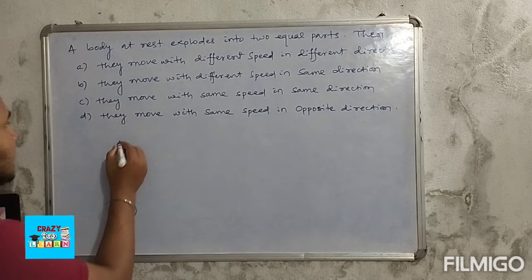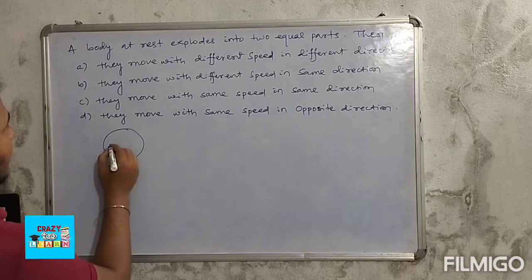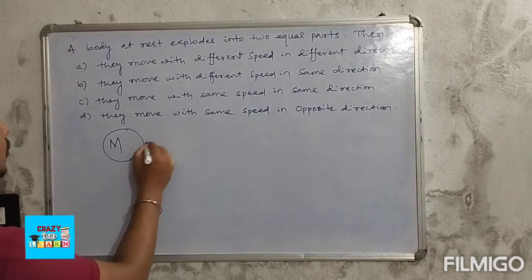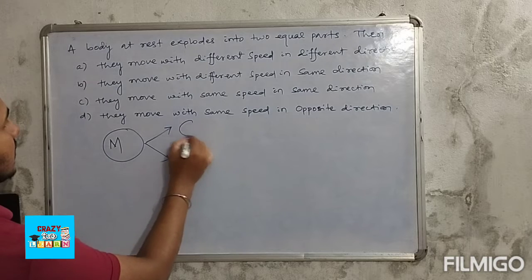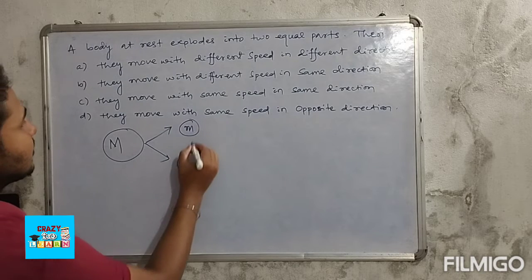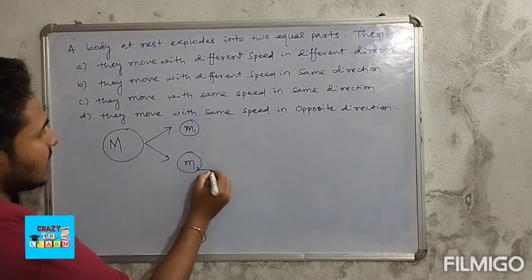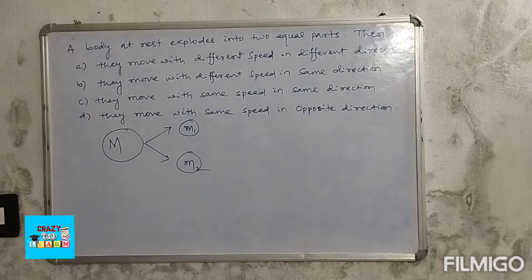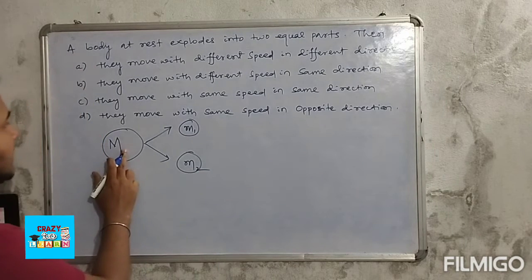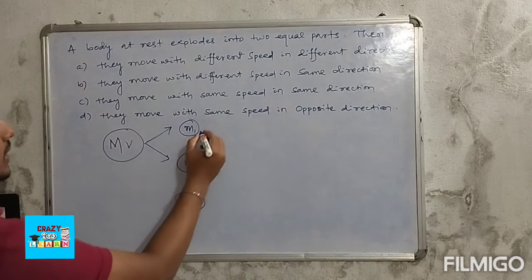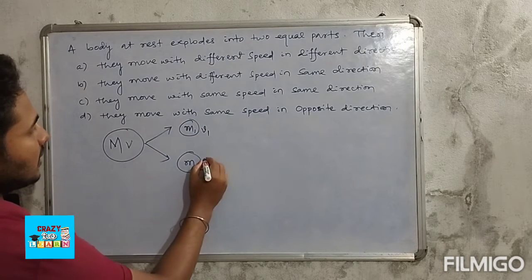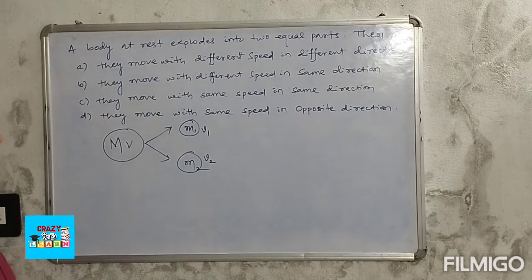Let us think a body has mass m and it explodes into two equal small parts. If we take these as m1 and m2, this body has velocity capital V, and these bodies have velocities small v1 and small v2.